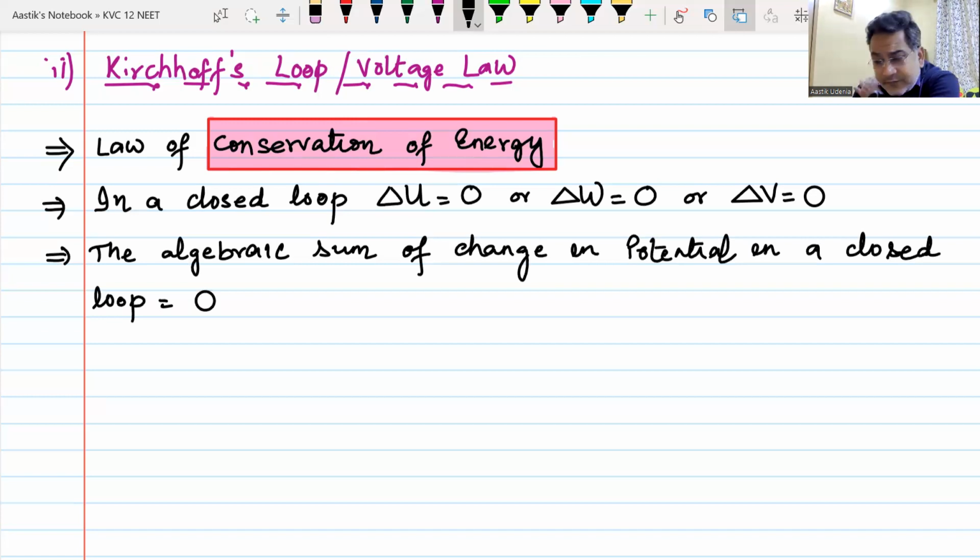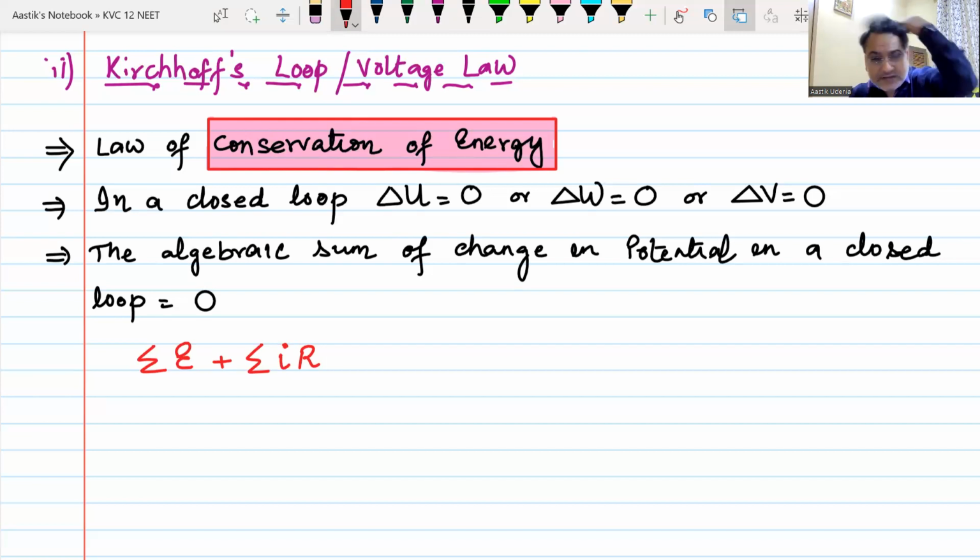Now, if you have only battery and resistor in the circuit, you can write it like this: summation of E, the battery voltage, plus summation of I into R. What is this I into R?